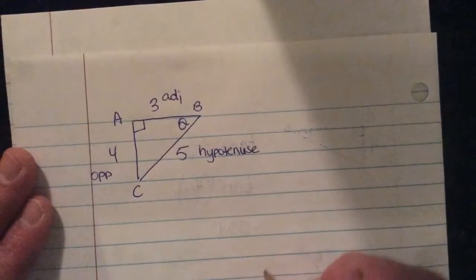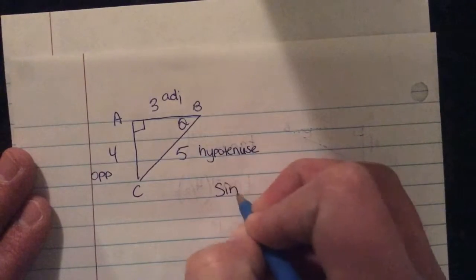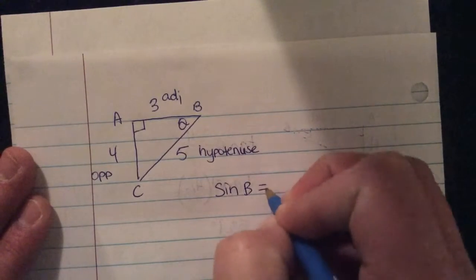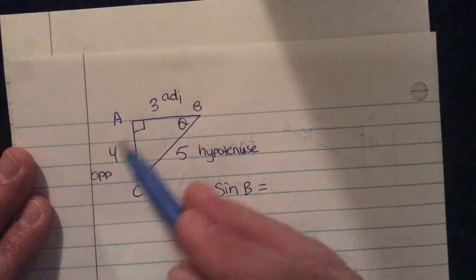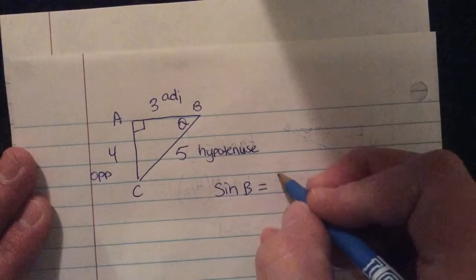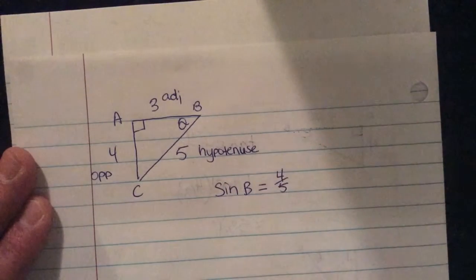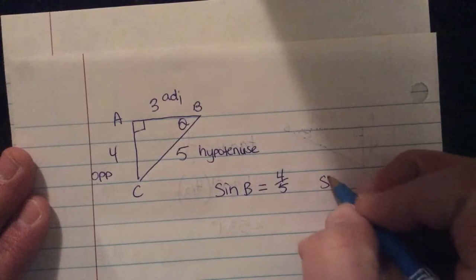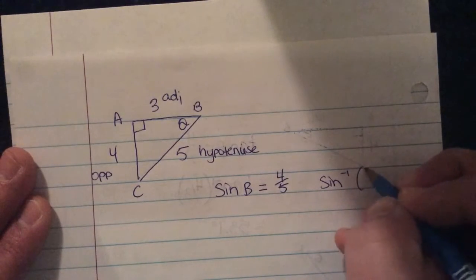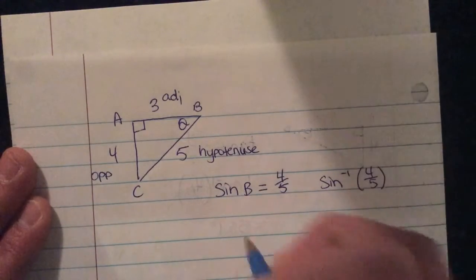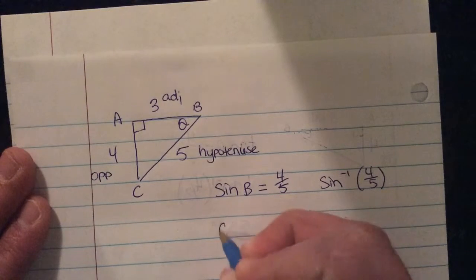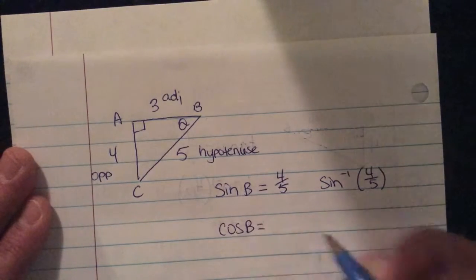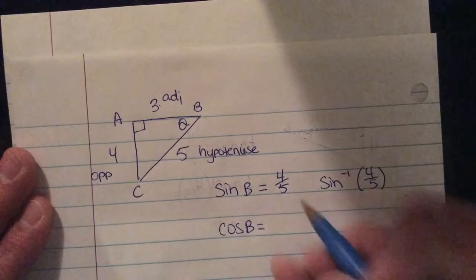So, if you wanted to use sine, you'd say sine of B equals opposite over hypotenuse, so it's 4 over 5. To solve that, you'd have to say inverse sine of 4 over 5. If you wanted to use cosine, you would use adjacent over hypotenuse.